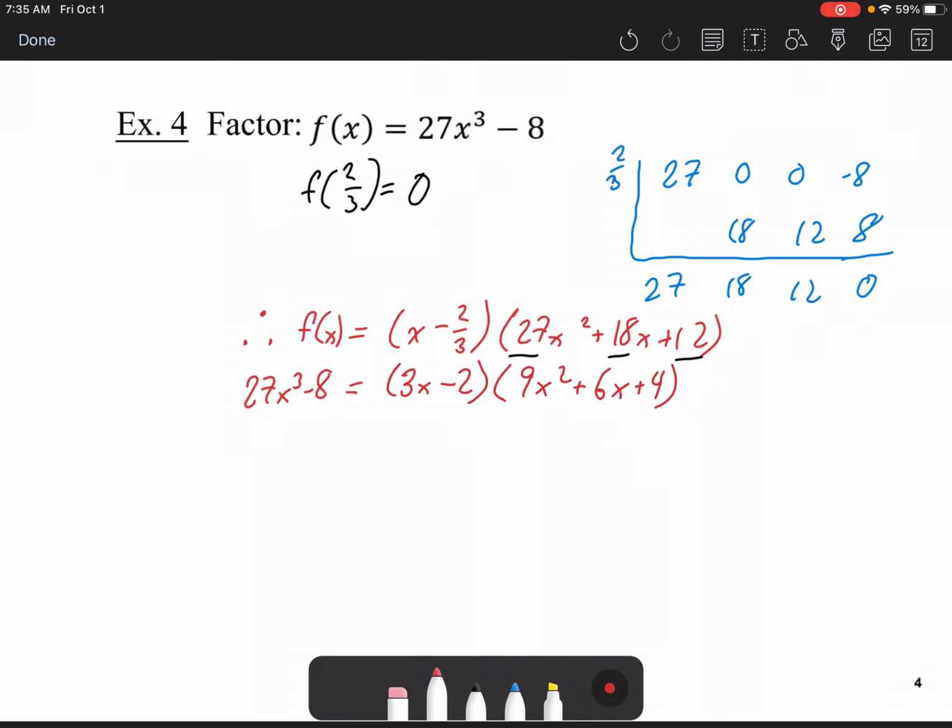Well, here you might actually recognize a pattern here. You might realize that you have what is called a difference of cubes.